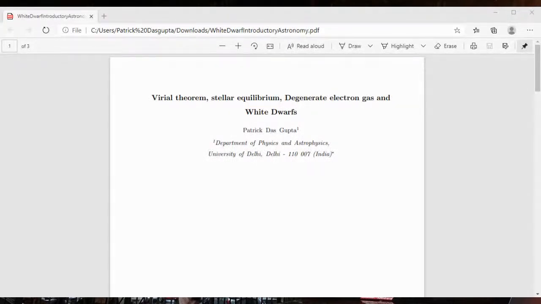Right. So, I hope you can all see the slide where I will discuss the virial theorem and slowly go over to a very simple idea describing the white dwarf stars. All right.